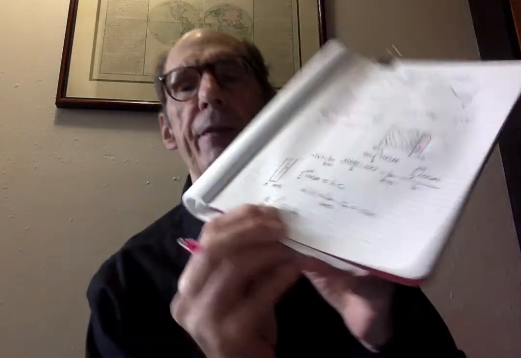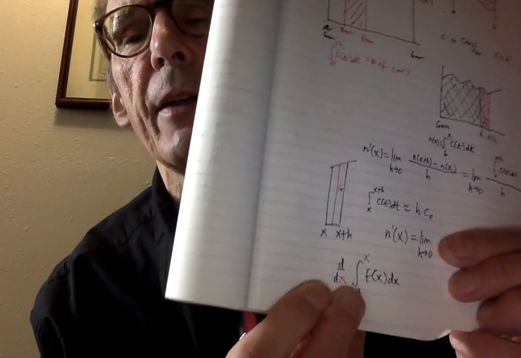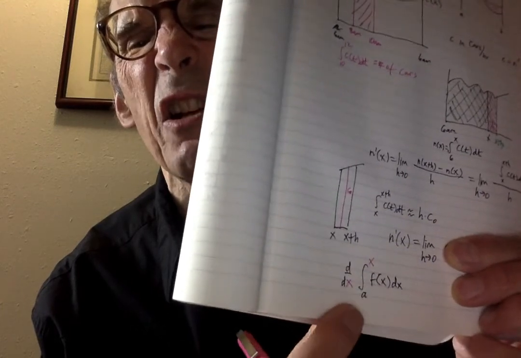So when you write it out, it looks kind of funky. So I'm going to try to use some colors to help us. We're taking an integral from a to x of some function f. This is the more general, more abstract thing. So I've got the x's color-coded here.